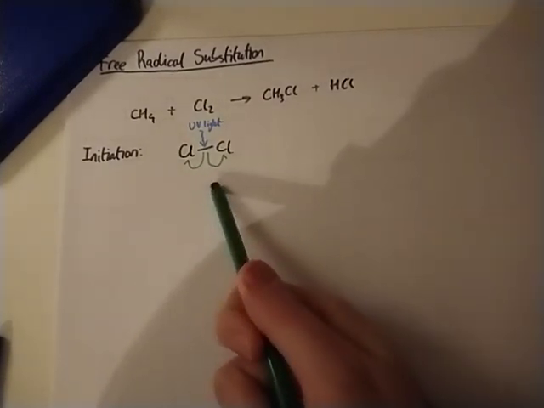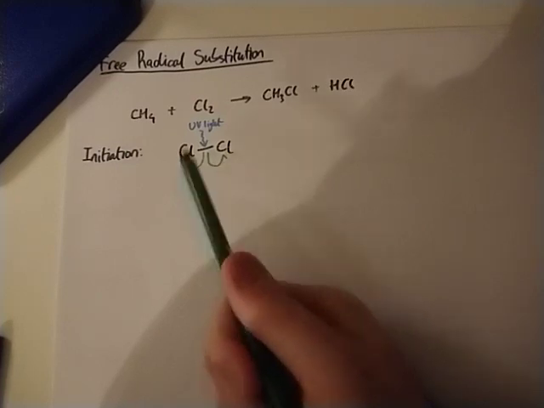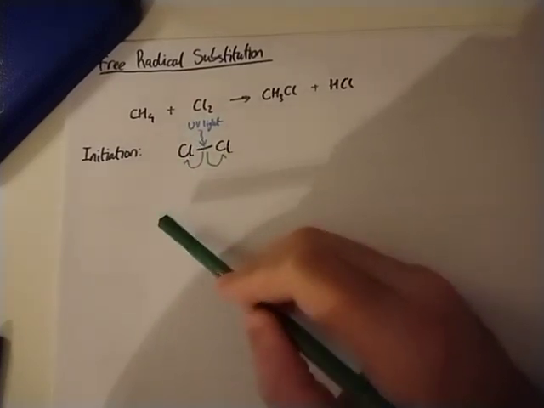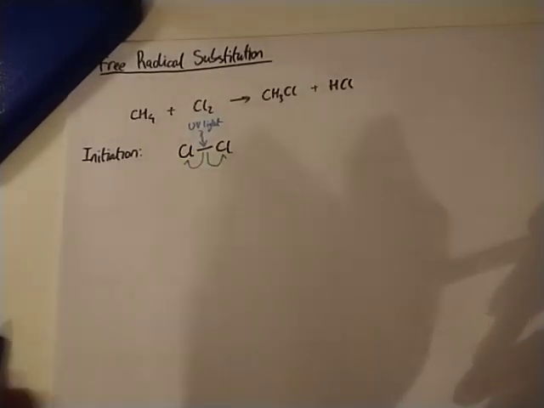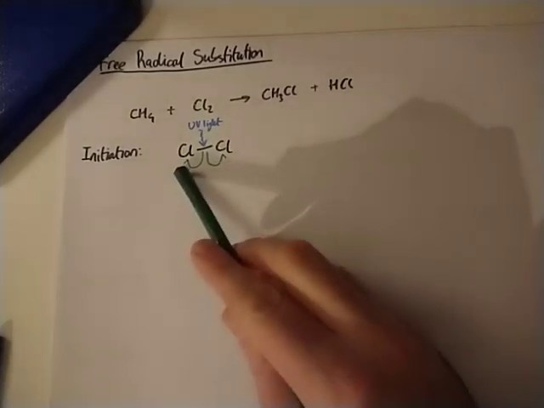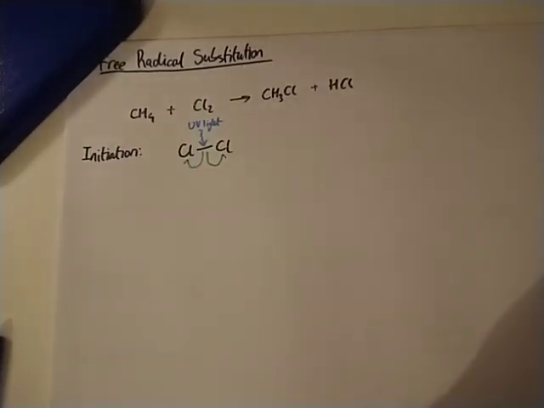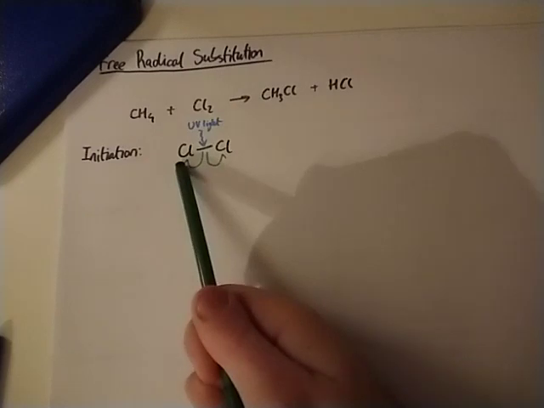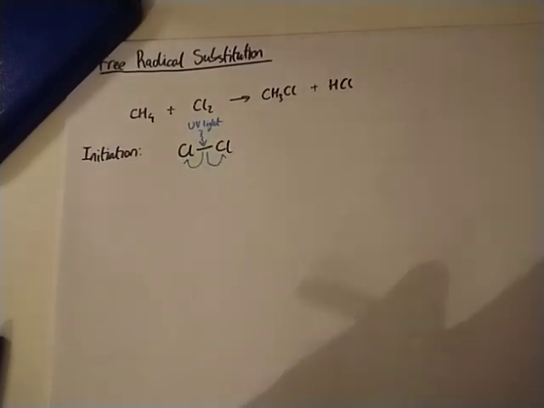So you'll notice here what I've drawn are two curly arrows with a fish hook end, just half an end of an arrow. That's because in organic chemistry, if you draw a curly arrow, that tells you the movement of a pair of electrons. And most arrows obviously have two points at the end. These only have one point at the end, so it shows the movement of one electron. So one electron went to the chlorine on the left, one went to the chlorine on the right.